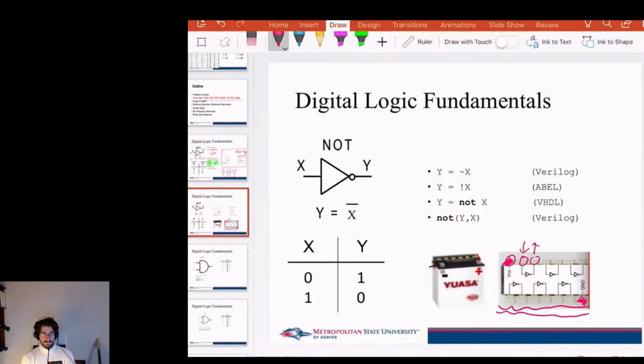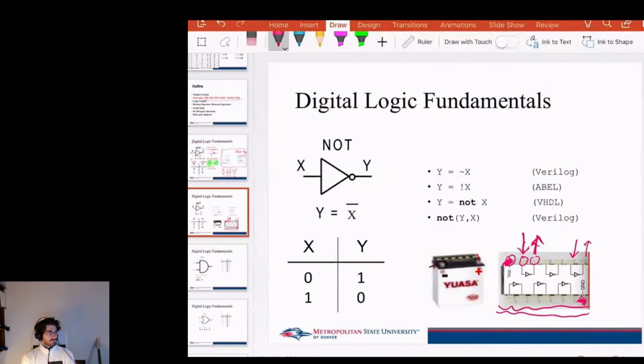If you connect a high voltage to this input, you will get a low voltage from this output. If you connect a low voltage to this input, you will get a high voltage generated by this output pin. The different pins can be used according to the structure of the IC chip. So this is how it looks in real life.